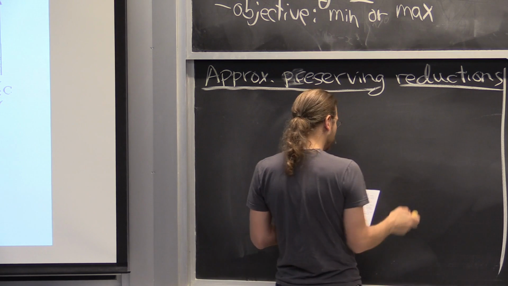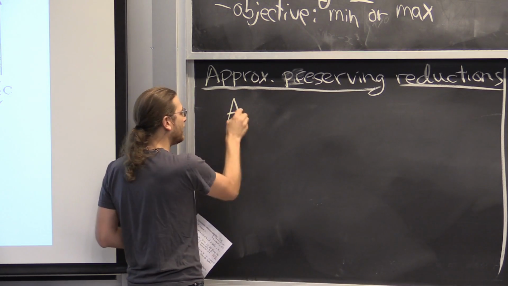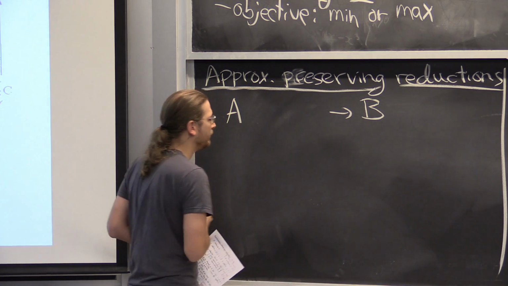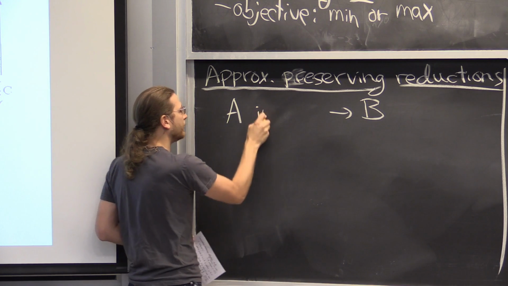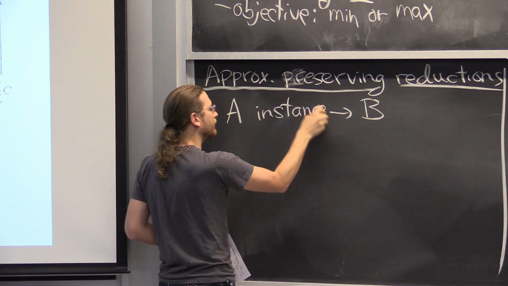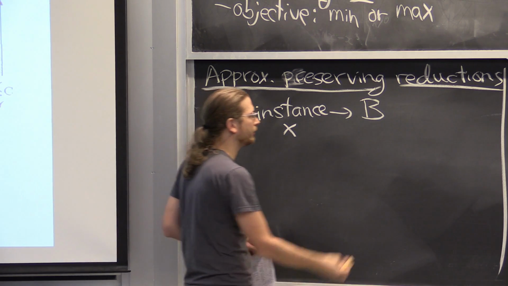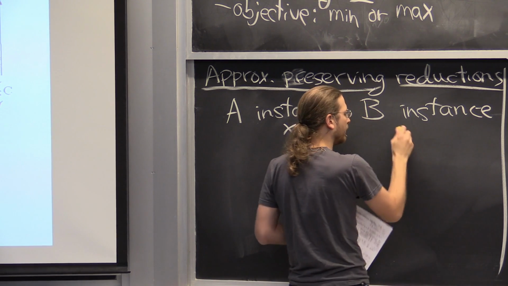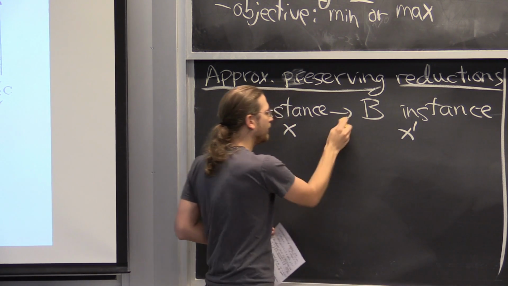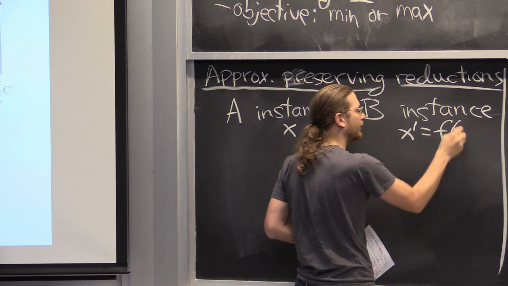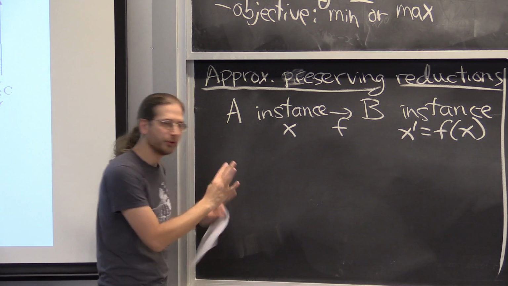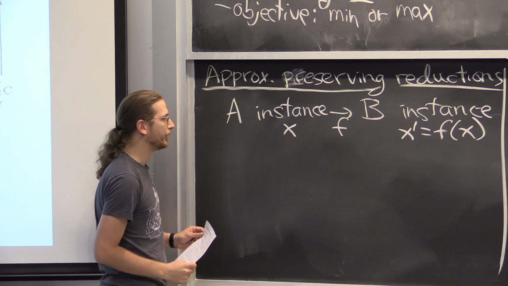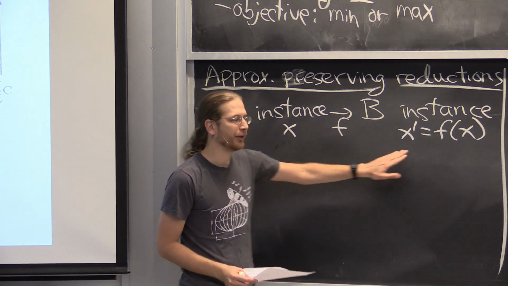So let's say we want to go from some problem A to some problem B. Okay, so you're given an instance of A. Let's call it X. And you want to produce an instance of B. Let's call it X prime. And we're going to do that by a function f. So X prime is f of X. So far, just like NP reductions. But now, usually what we said is that the answer to X equals the answer to X prime.